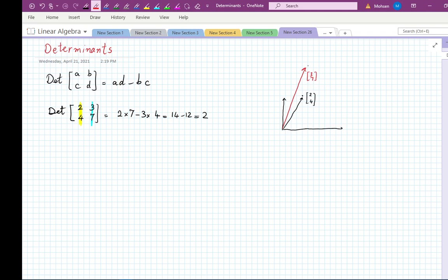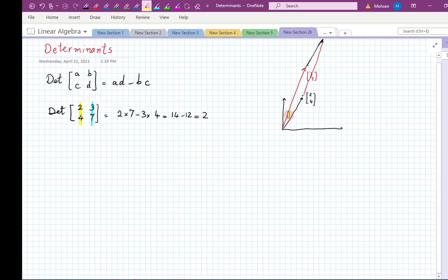Now something about these two vectors gives us 2. What is that? Very simple. If you make a parallelogram out of these two, the one I've drawn is becoming a bit too narrow, but that's fine.